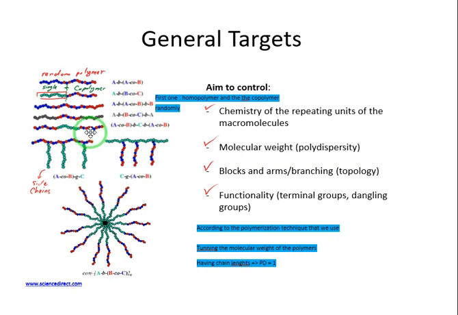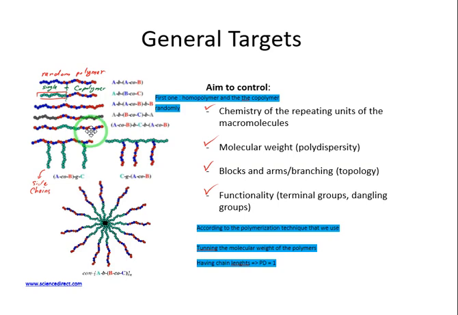We will start with the worst method, the least useful polymerization strategy, named free radical polymerization.